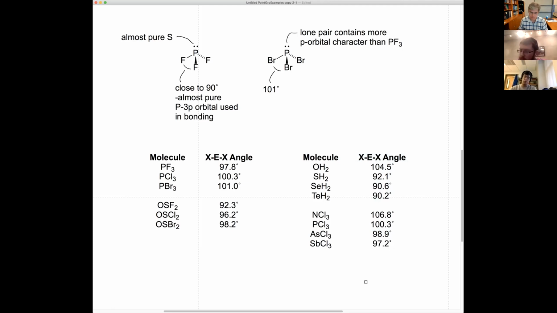Okay. All right. So the bonds get closer to 90 as you go down. That's a consequence of the effective nuclear charge going up and the splitting between the S and P levels becoming larger. Molecule is much better off if it puts a lone pair in the S orbital and uses pure P's in making the bonds, especially to electronegative substituents.